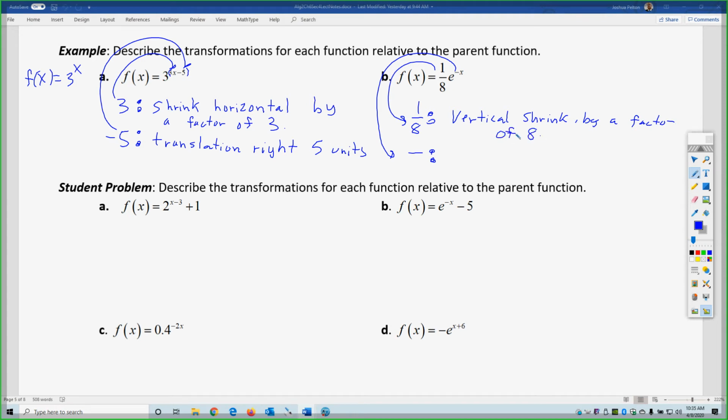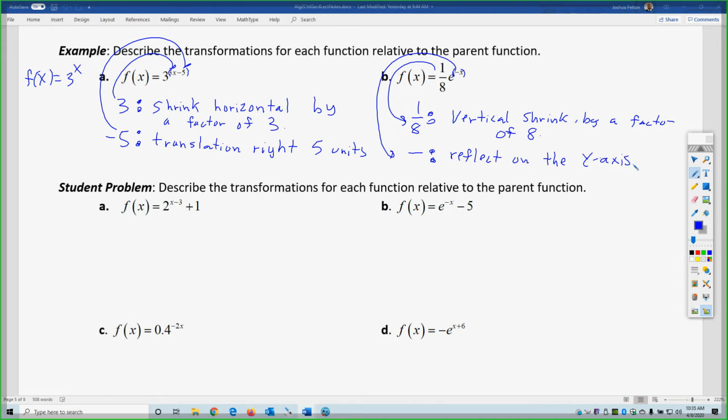Multiplying and dividing are stretching and shrinking, which is scaling. The negatives are reflections. Since it's on the inside, it's affecting the x. Since I'm changing my x value, I'm going to reflect on the y-axis.